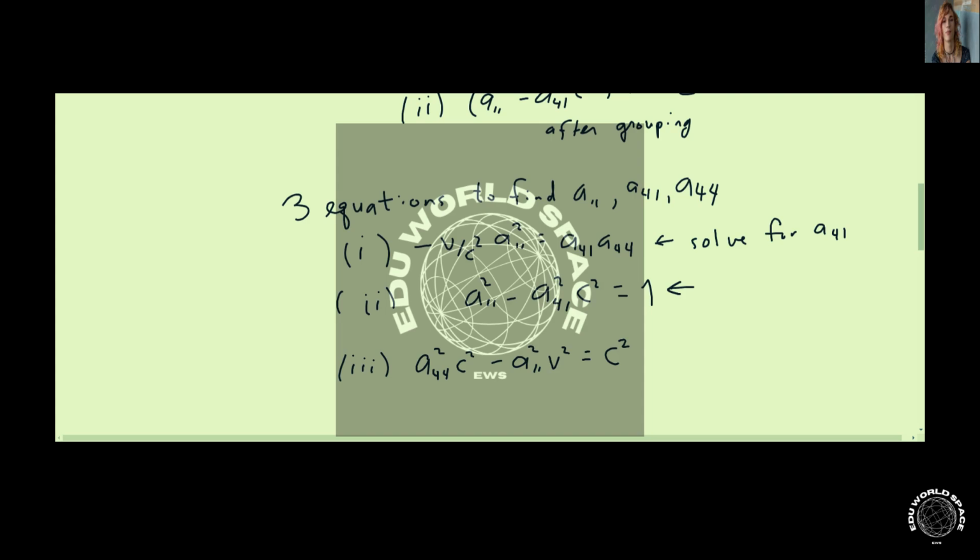And then this will be an equation. So sub in, and you'll have an equation in a11 and a44. And then you repeat. So you'll have two equations in a11 and a44.